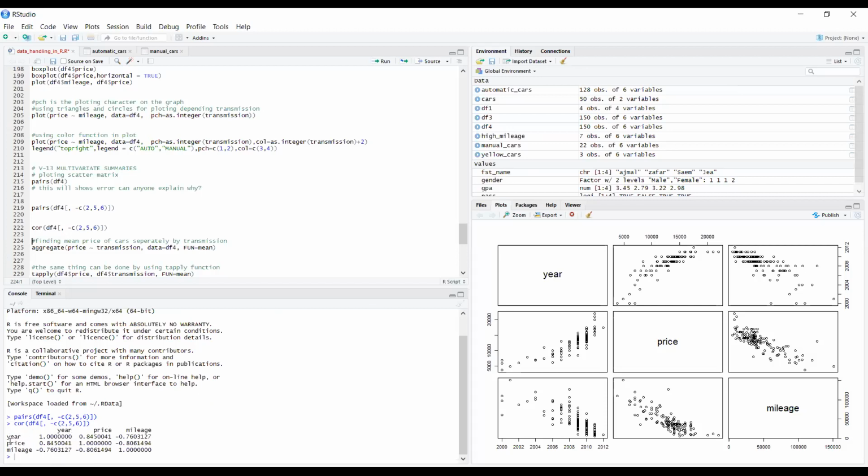So this is the correlation between the year and year. This is the correlation between the price and year. This is the correlation between the mileage and year, right? So a positive correlation indicates that price will be increasing year by year, which is obvious. 0.84 means what?